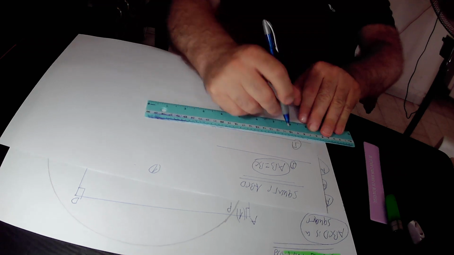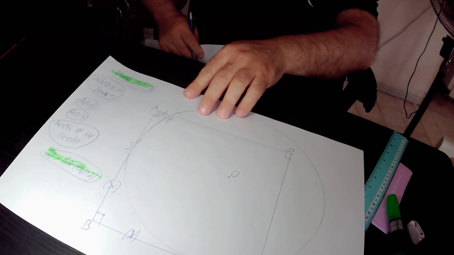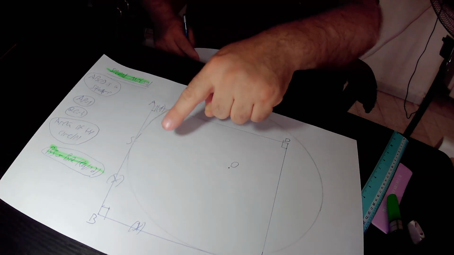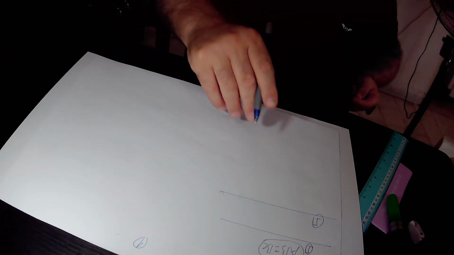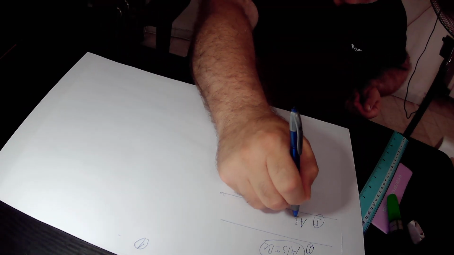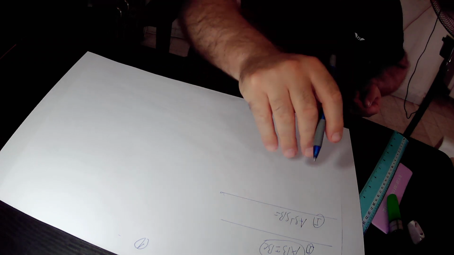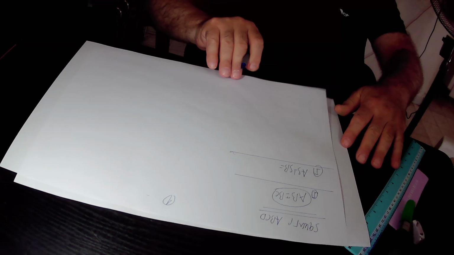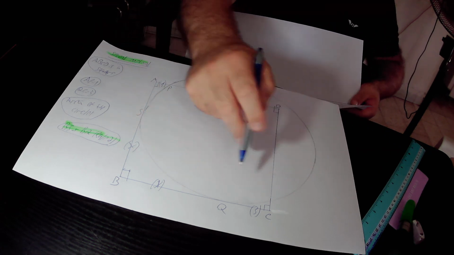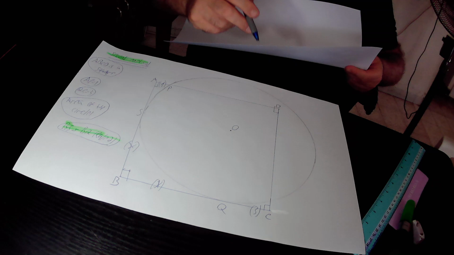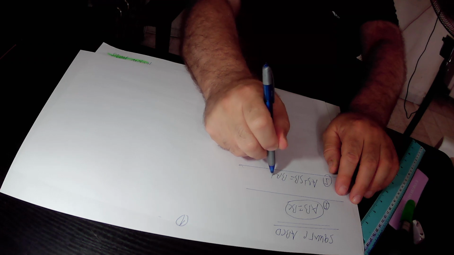But side AB equals AS plus SB. AB equals AS plus SB, and AB equals BC. From the drawing, it is very easy to see that side BC equals BQ plus QC. Side BC equals BQ plus QC.